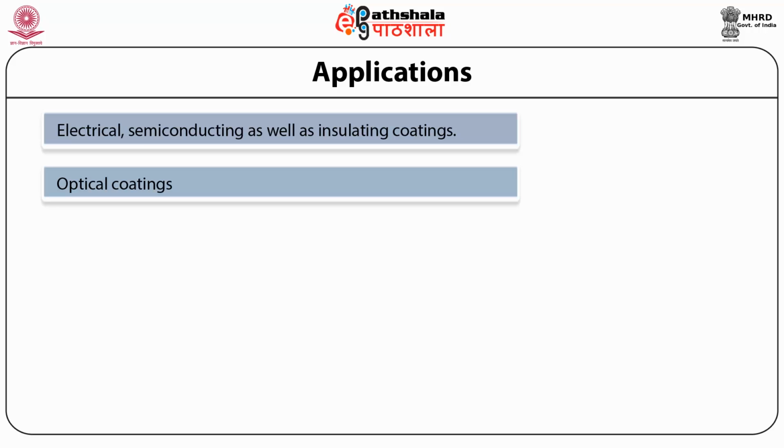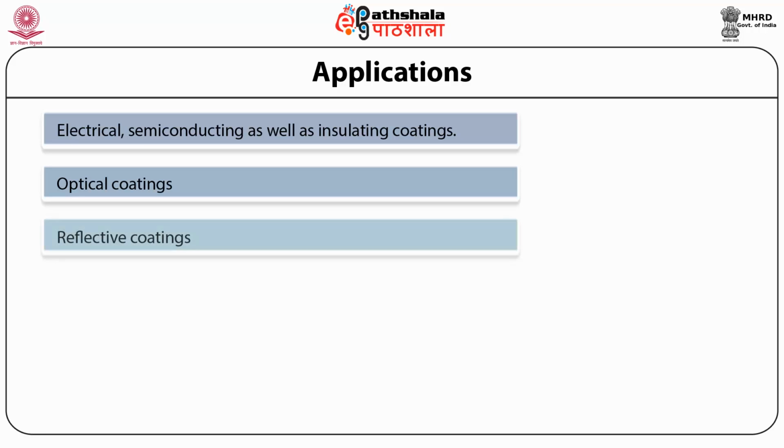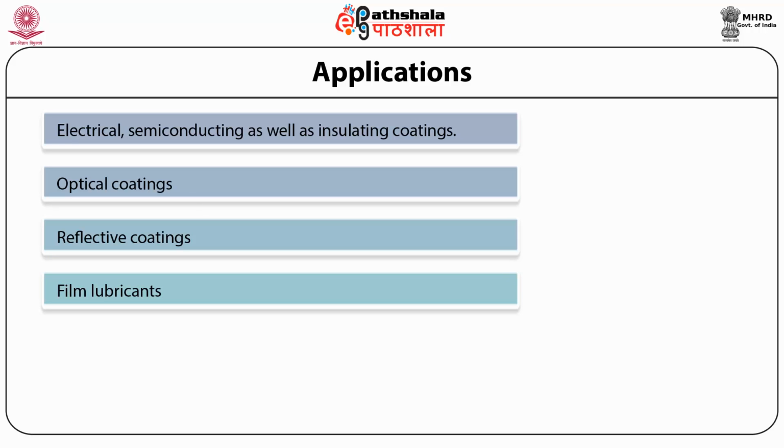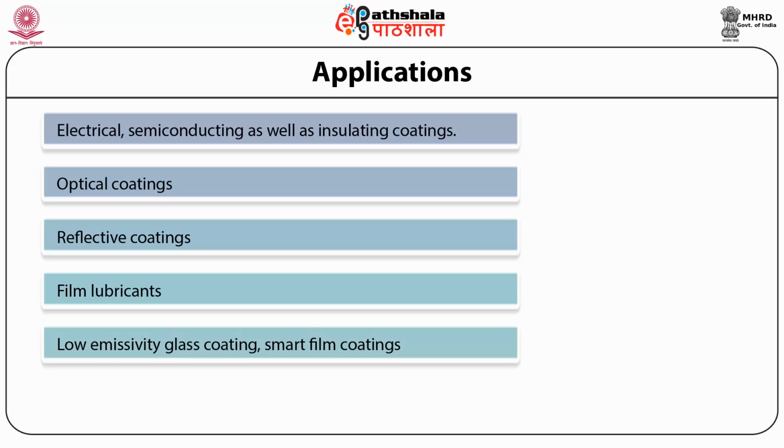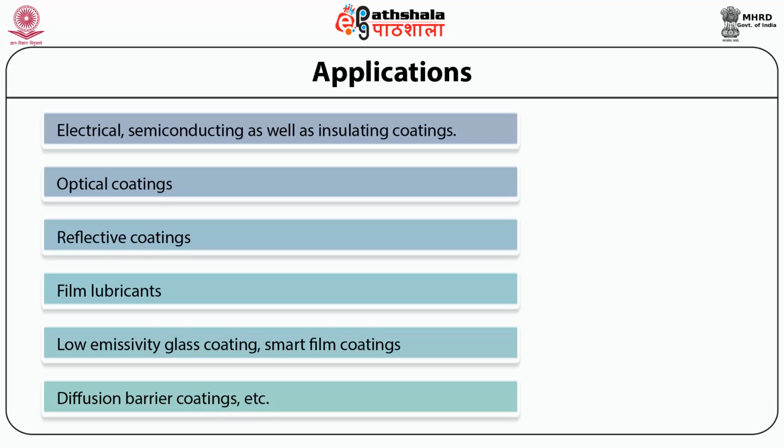They serve as good materials for reflective coatings. They are perfect film lubricants. Also, they have low emissivity, which is useful in glass coatings and smart film coatings. They can be used as diffusion barrier coatings, etc.